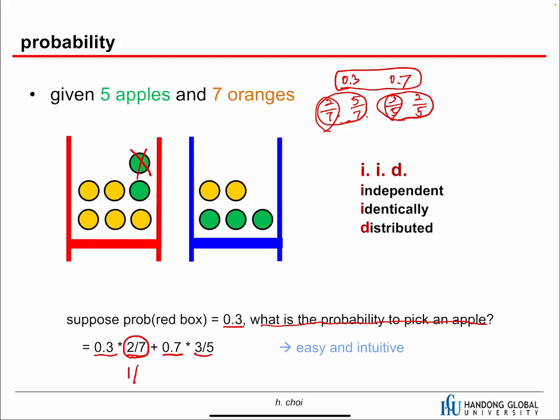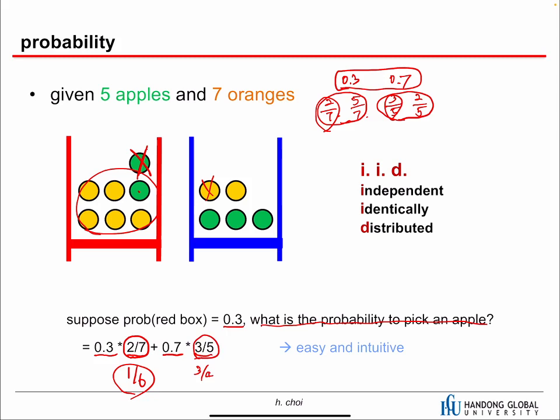So 1/6, because after picking the first apple, we have 6 fruits and only 1 is an apple. Okay, then we change the distribution here. And if the first pick was an orange from, let's say, this one, then this number should change. Okay, so 3 out of 4.